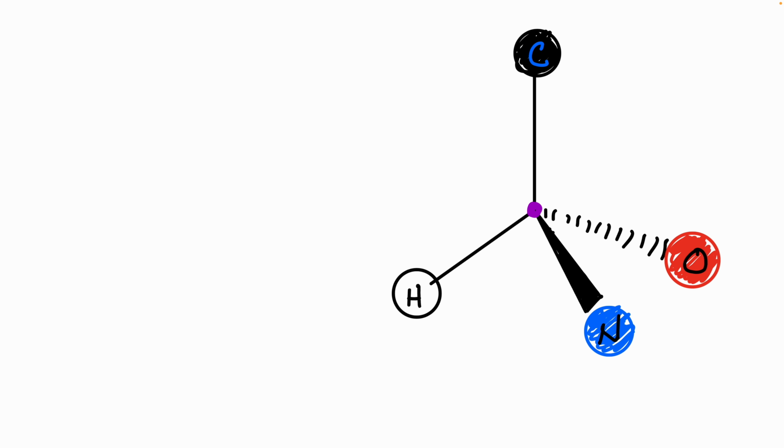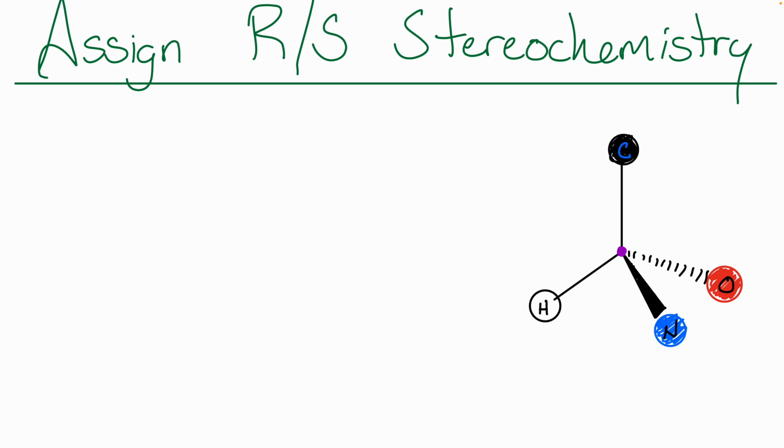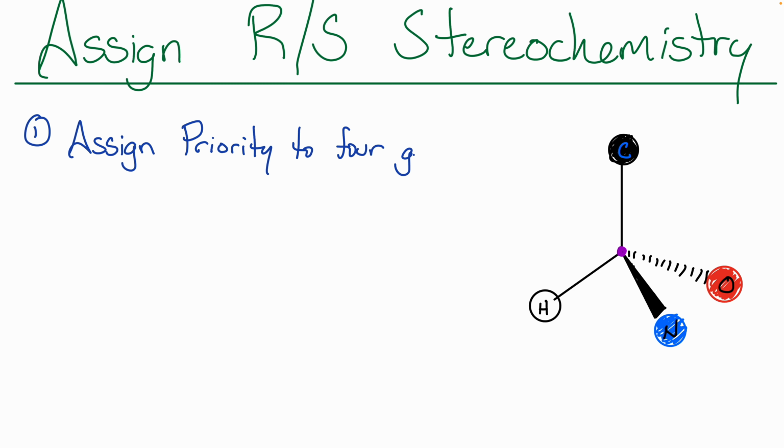Okay, so step one, we have these four distinct groups about our chiral carbon, right? That was a necessity in order for a molecule to have an enantiomer, to be chiral. It has to have that stereocenter. So to each of those four groups, we're going to assign what we call priority to those four distinct groups.